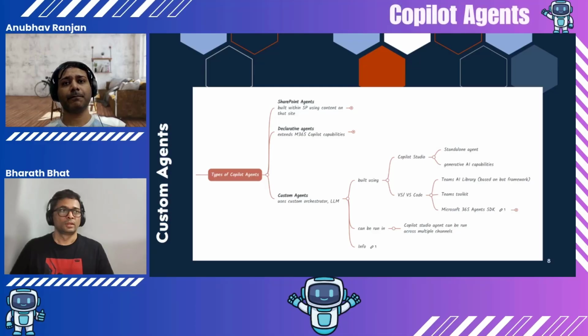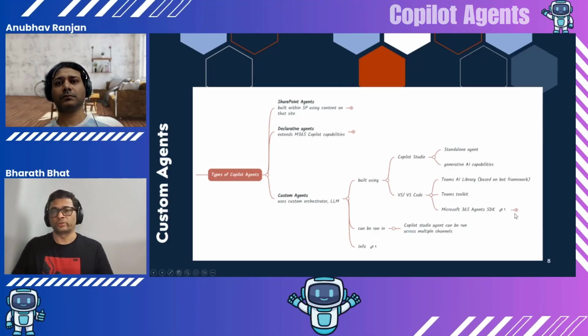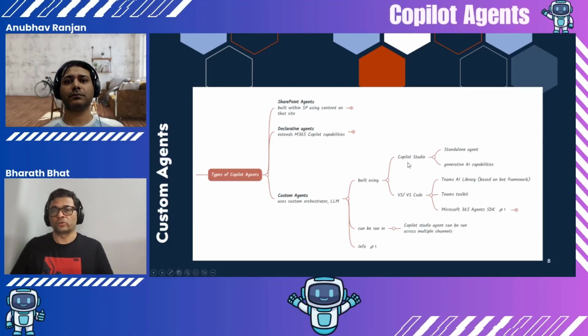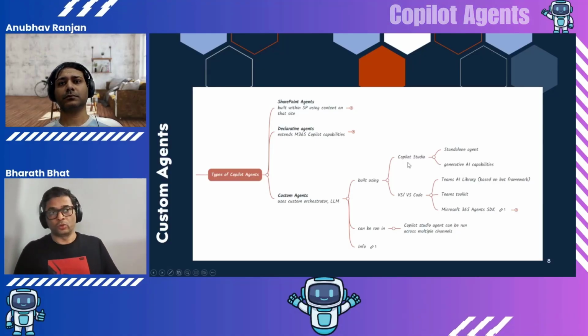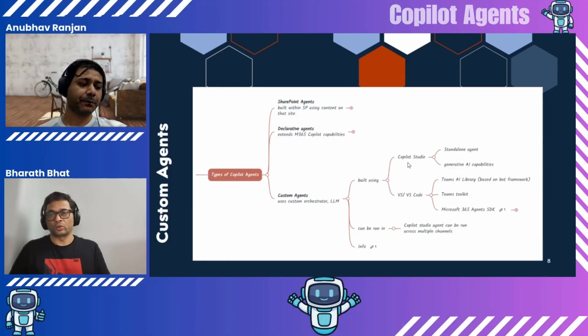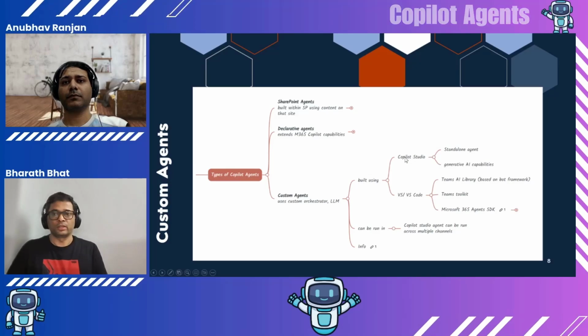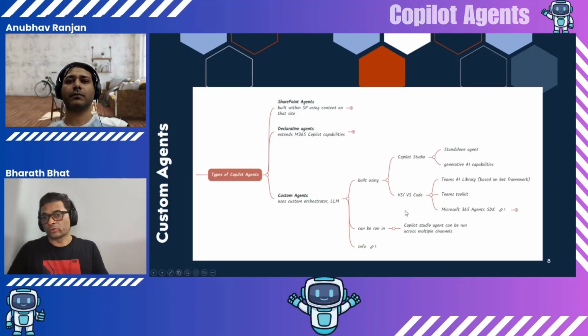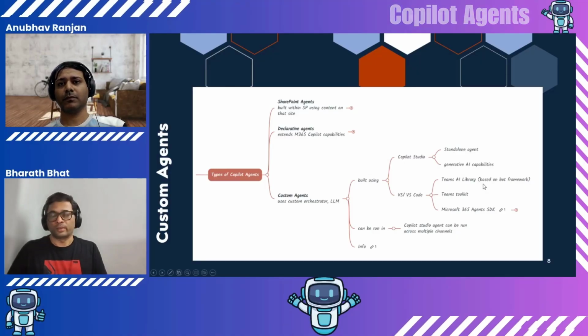So how can we build these agents? We have two options today. You could use Copilot Studio, which is the low code, no code approach, where you can create your own standalone agent with generative AI capabilities, or you could use Visual Studio Code. Here, you could either use the Teams AI library, which is based on the Bot Framework, or the option in the Teams toolkit.